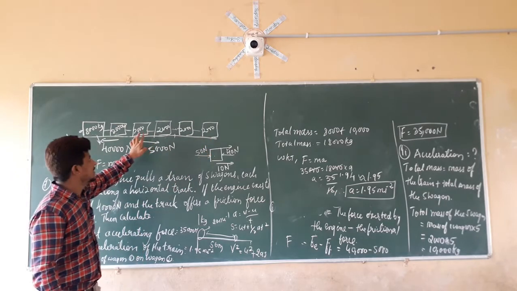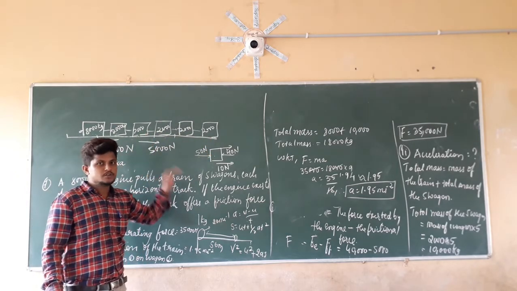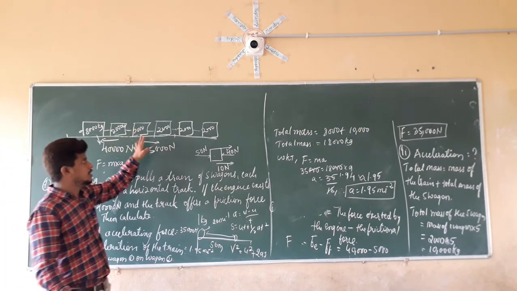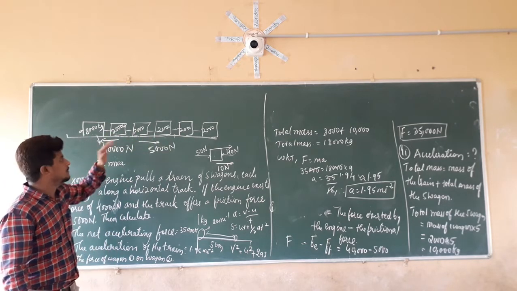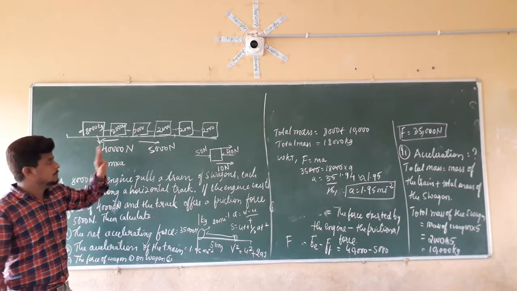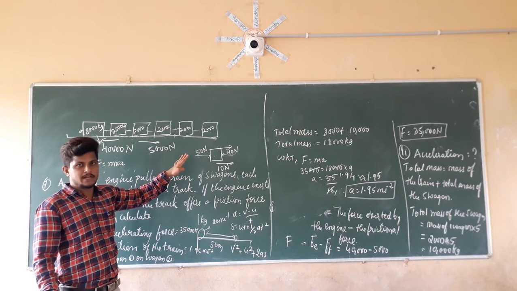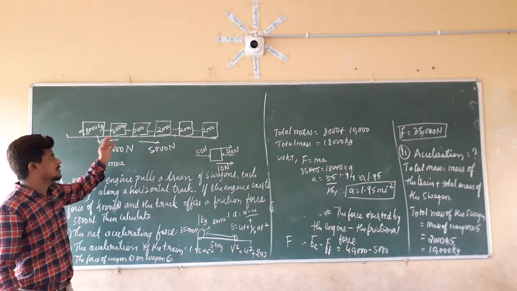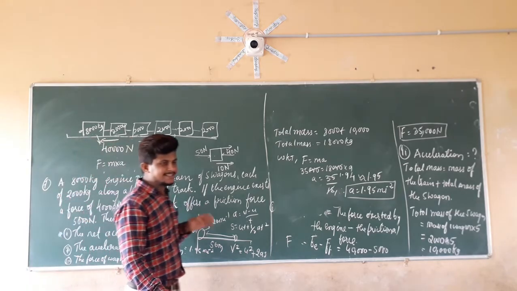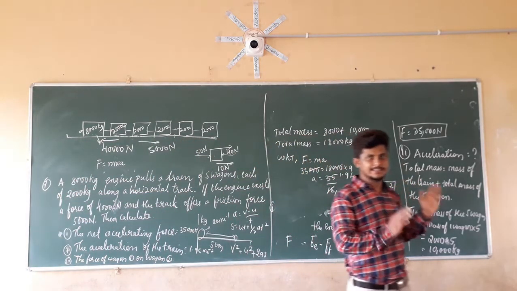So if it is pulling, it has to pull all the four things. So we have to calculate this force exerted by vehicle 1 on vehicle 2 by taking the mass of all the four vehicles. By calculating the mass of all the four vehicles, we can easily calculate the force exerted by the vehicle 1 on the vehicle 2, since this acceleration is common for all the things.